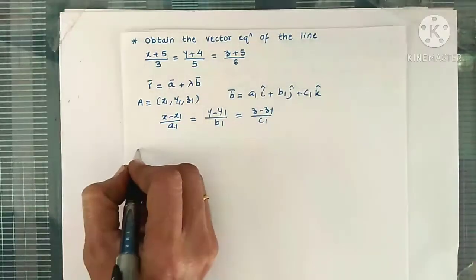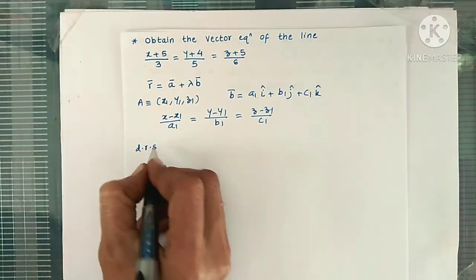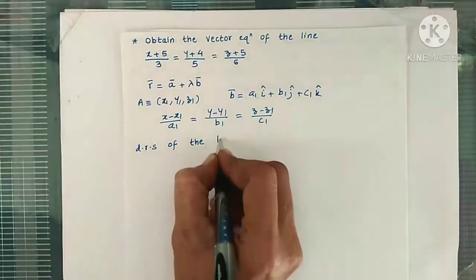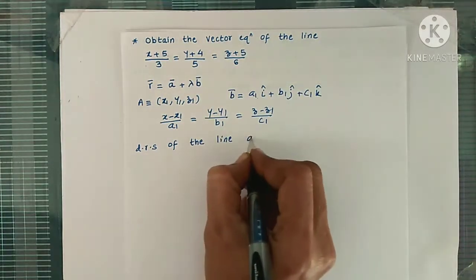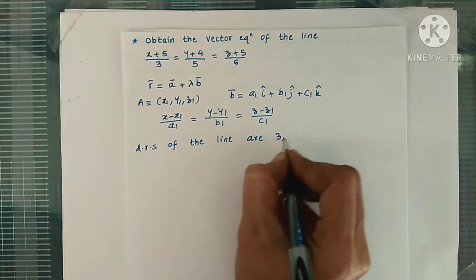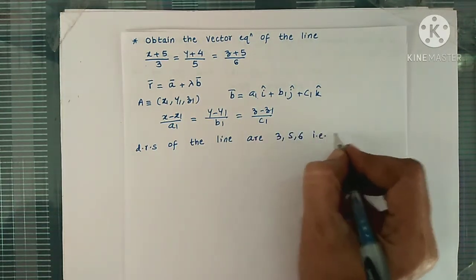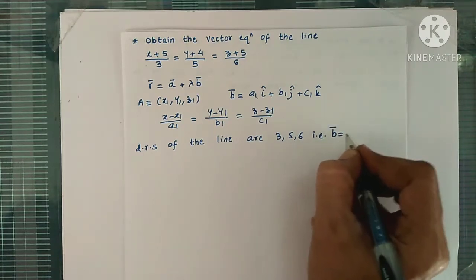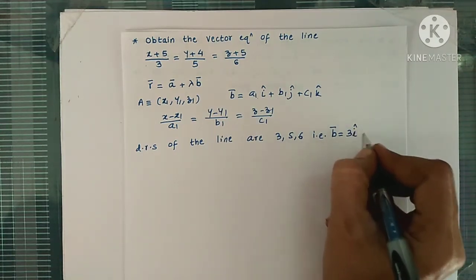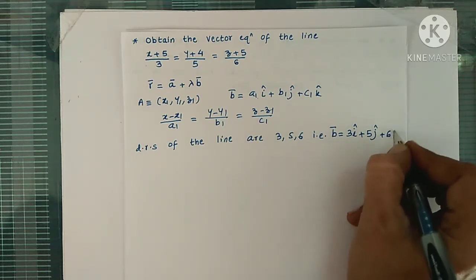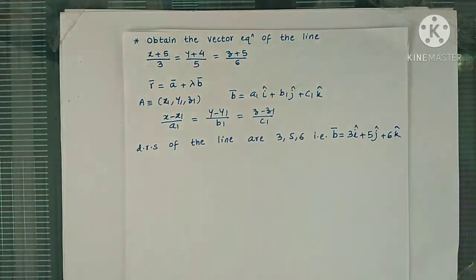So let's write that. Direction ratios of the line are 3, 5, 6. That means vector b bar is 3 i cap plus 5 j cap plus 6 k cap.